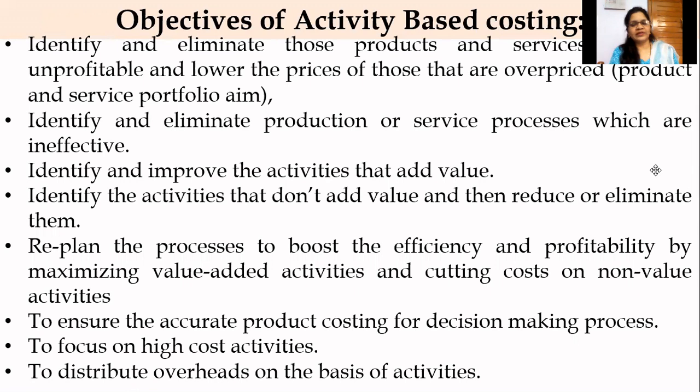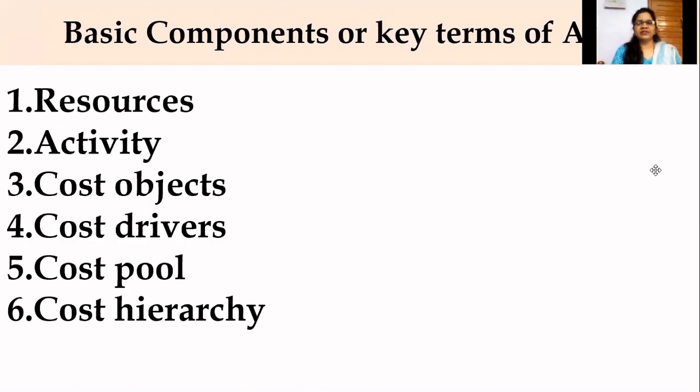To distribute overheads on the basis of activities. So one of the objectives of ABC is to distribute or allocate overheads on the basis of the number of activities done while converting the goods and services. These are the objectives.